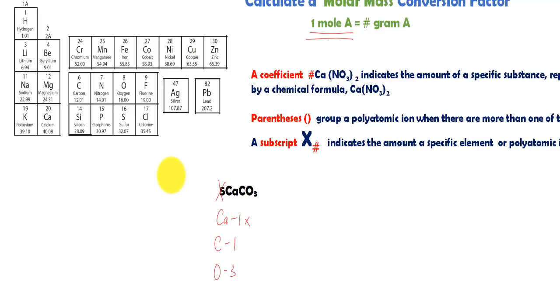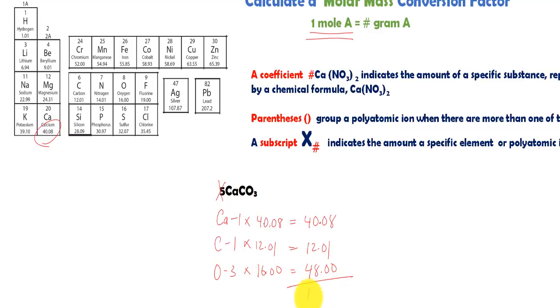Then we find the mass of calcium on the periodic table, 40.08. Carbon is 12.01. And oxygen is 16.00. And let's calculate the total mass. So here we have calcium. The total mass of calcium in this substance is 40.08, for carbon it is 12.01, and for oxygen it is 48.00 because there are 3 of it.